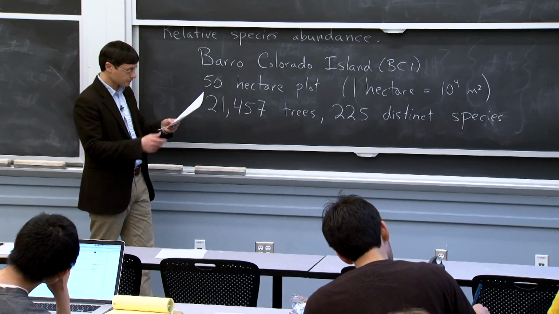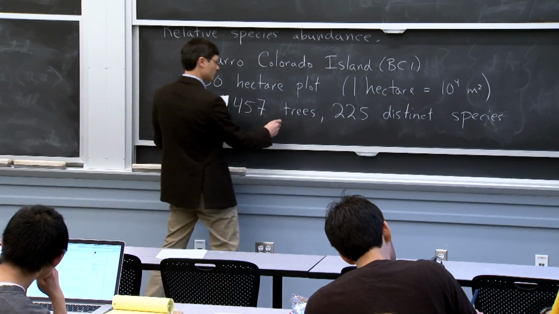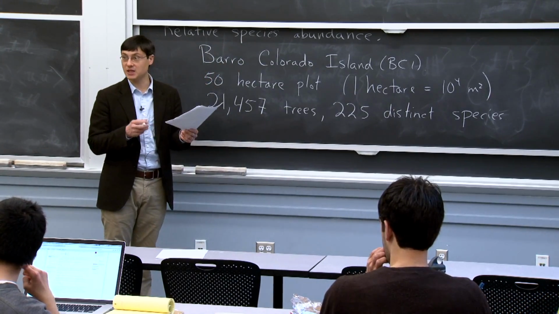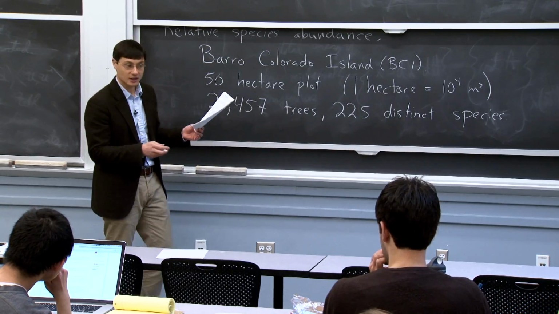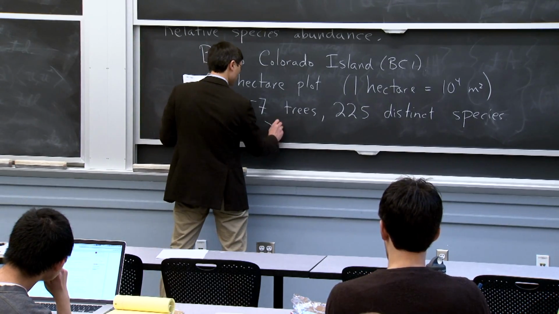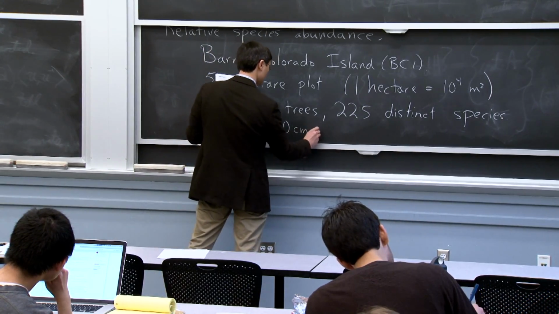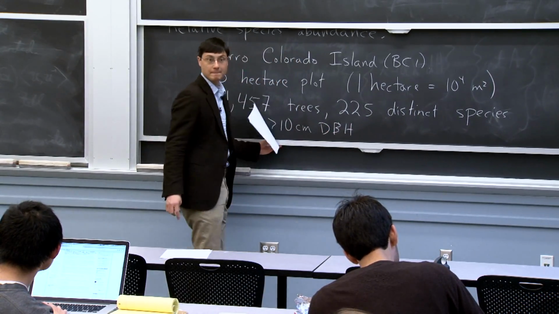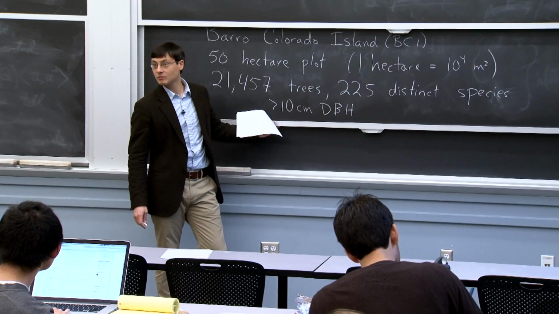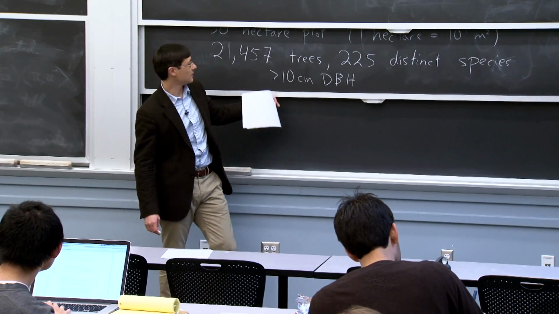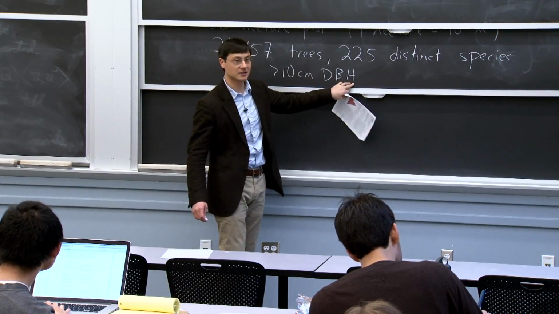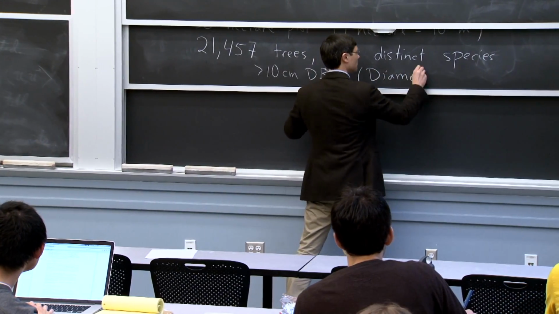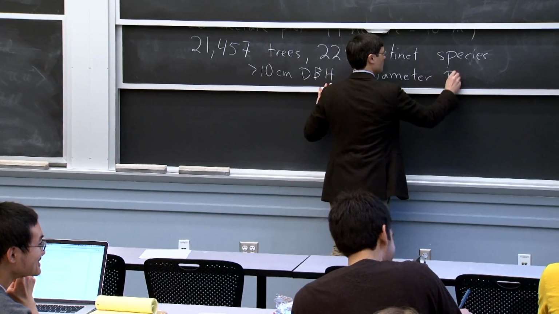The way that they decide which trees to count is the ones that are more than 10 centimeters DBH. Anybody can guess what DBH might mean? It's actually diameter at breast height.